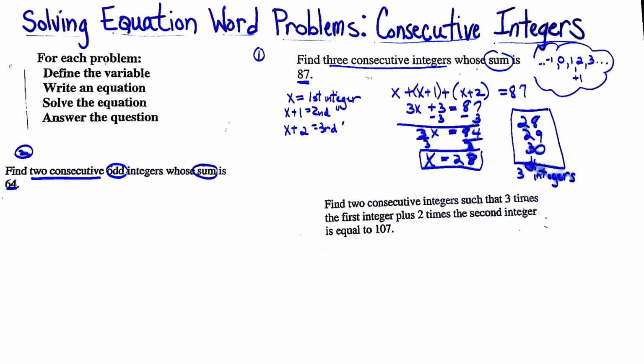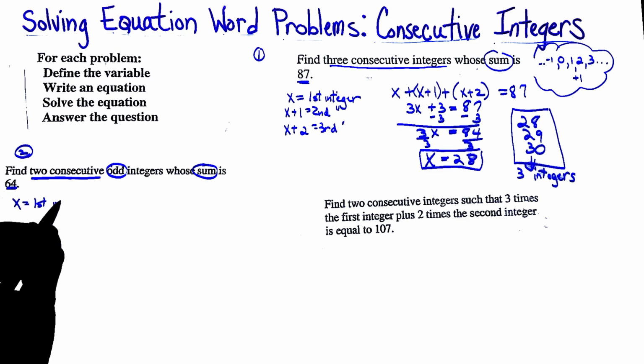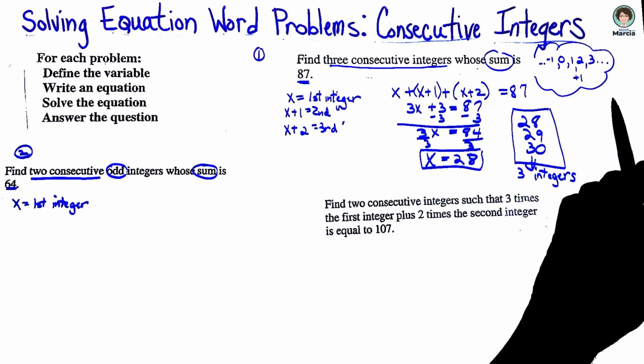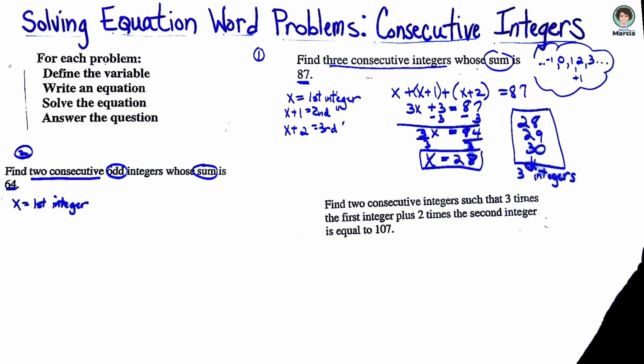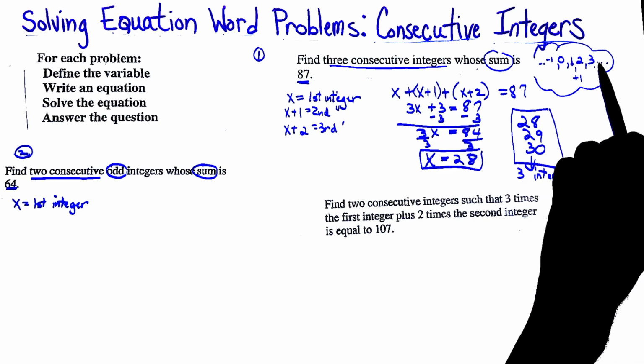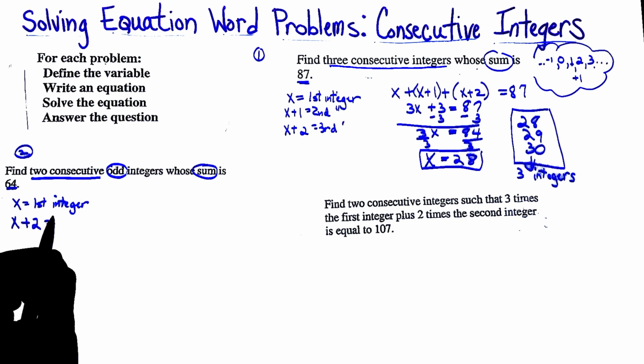So my first integer is x. Well, let's look at if our first integer is 1, and that's odd, and we want to go to our next odd, notice we need to add 2 to it. So our second integer is going to be x plus 2. There's our second.